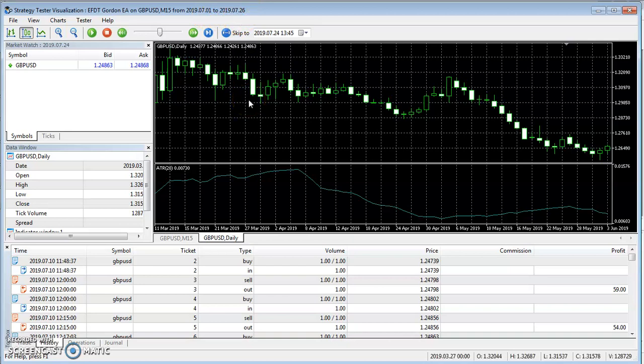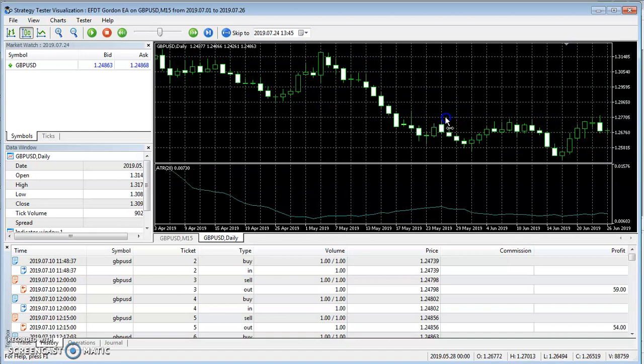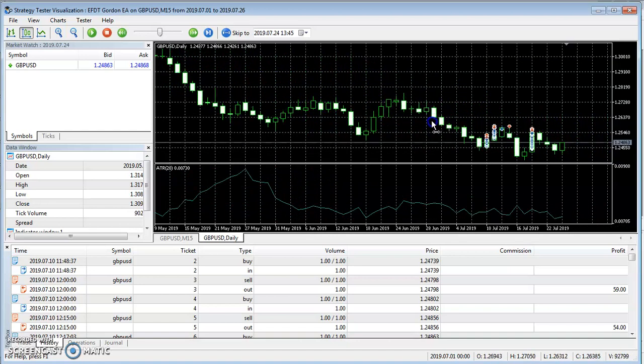So this is our first example, and as you can see, we're on a daily chart, and we can see that the market is going towards a downwards direction. See, it's approaching lower and lower and lower, and this is where we currently are.